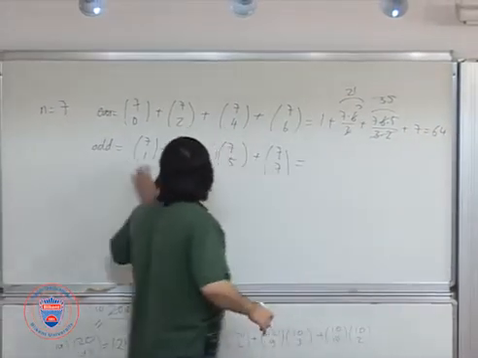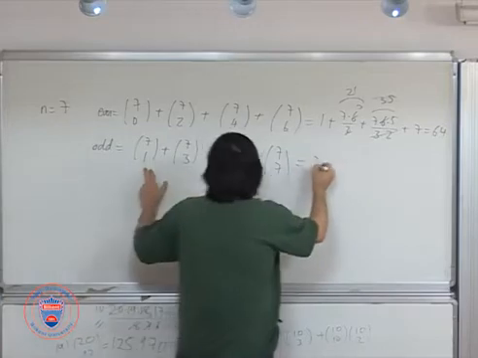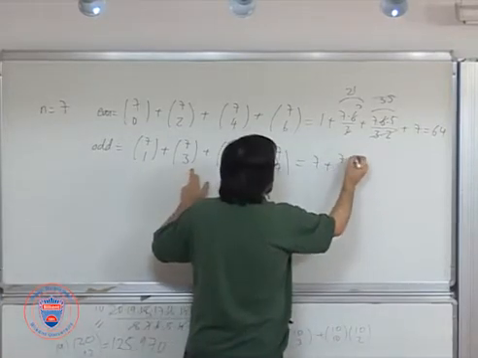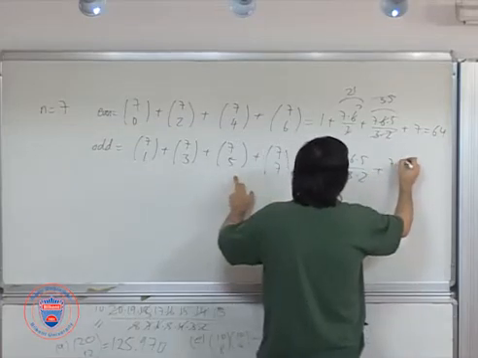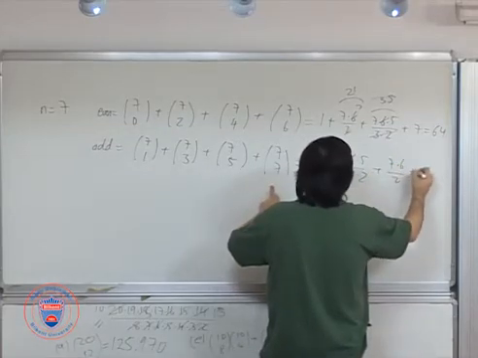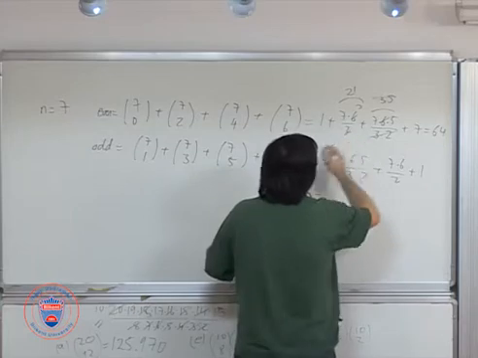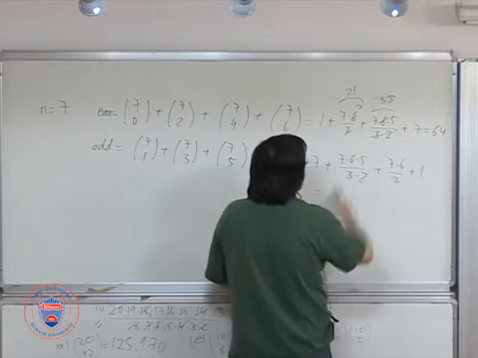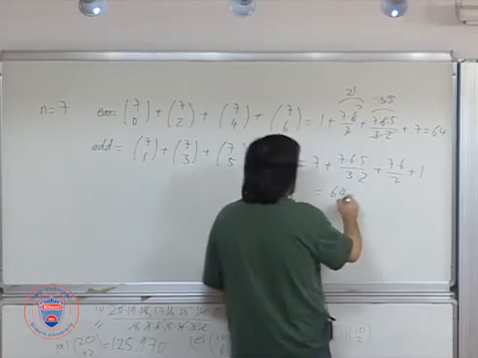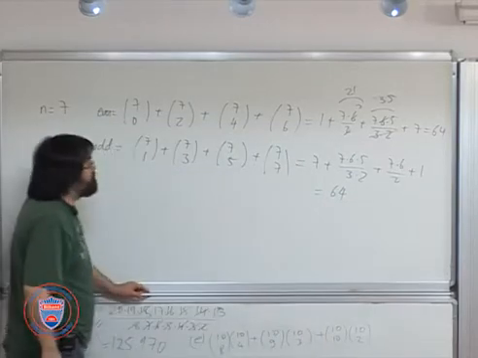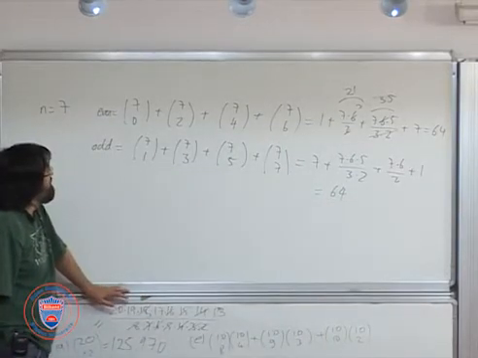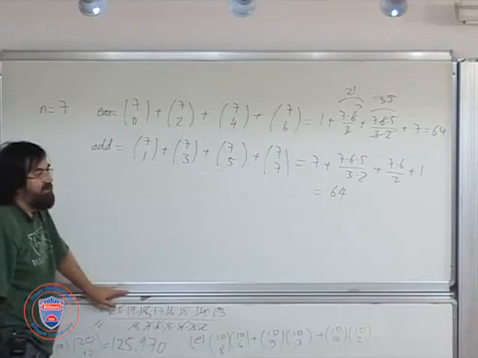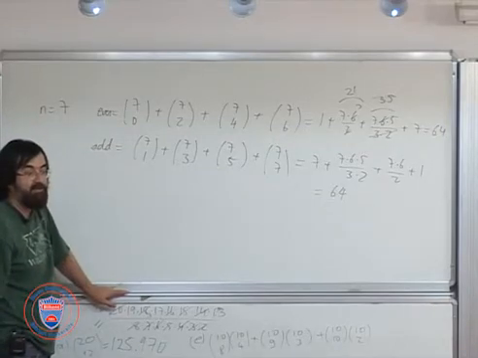And if you calculate the other side, you can see the same numbers, so you get 64. So here it seems like summing up the odd ones and even ones are equal.